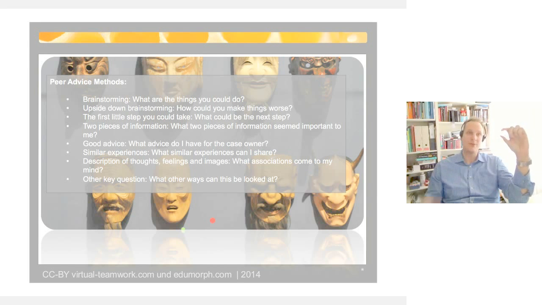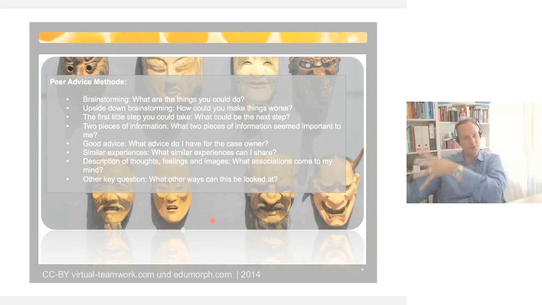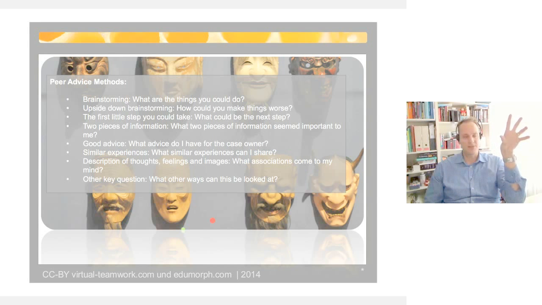First little step you could take would be, what would be the first thing you should do now to actually move towards a resolution of the problem? Two pieces of information would be, sometimes the person presenting the case, different things are important about the dilemma than people who are slightly more removed from the problem, and they could give you two pieces of information that you actually talked about, but perhaps are not that aware of, and that you should perhaps consider in a bit more detail?